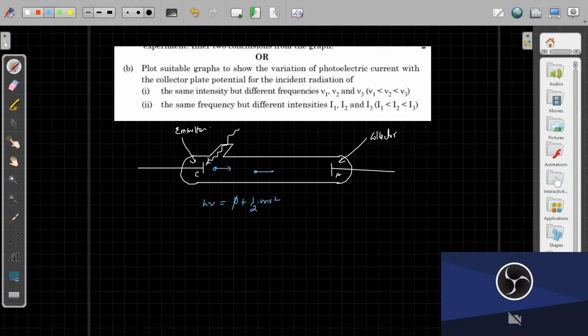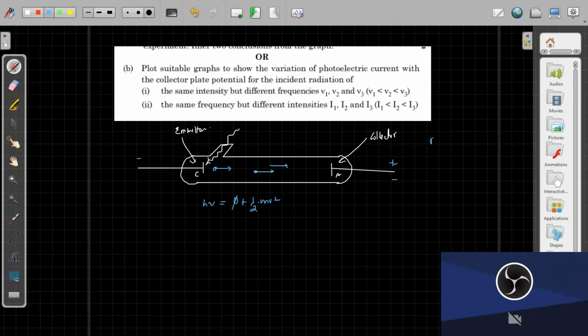So when these electrons rush towards the collector, under this positive potential, we get a photocurrent. Sometimes we will make the collector plate A voltage negative, to check how energetic the electrons are.